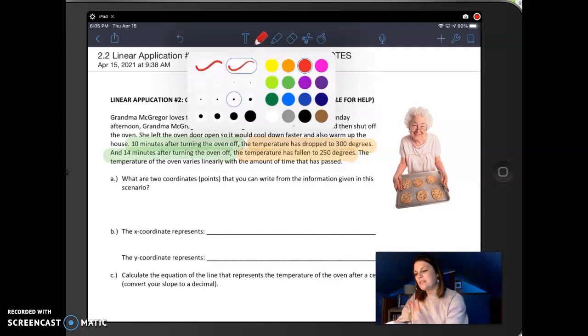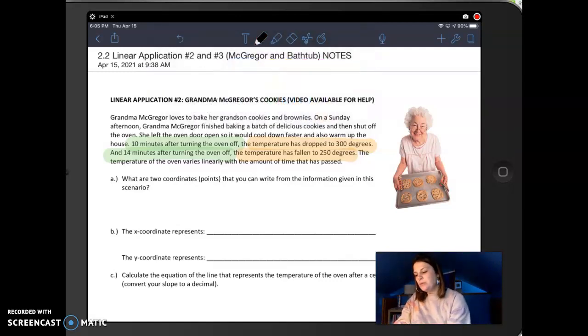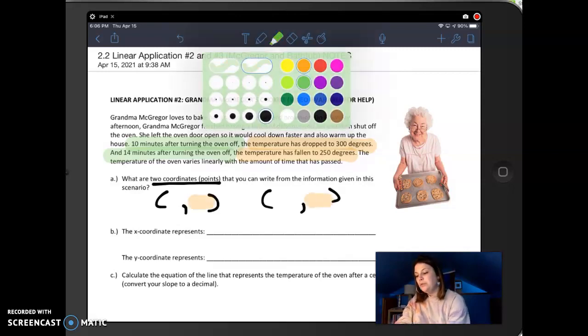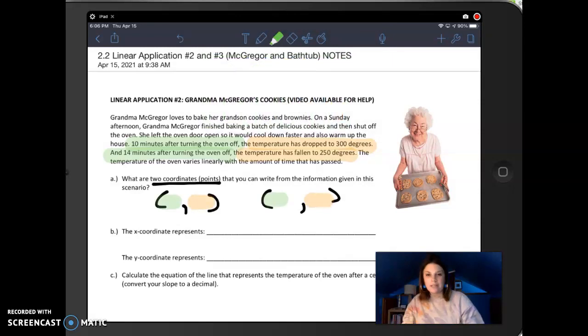All right, so it says next, what are the 2 coordinate points that you can write from the information given in this scenario? So remember, coordinate points is a fancy way of saying 2 points, 2 sets of information that have an x and a y.